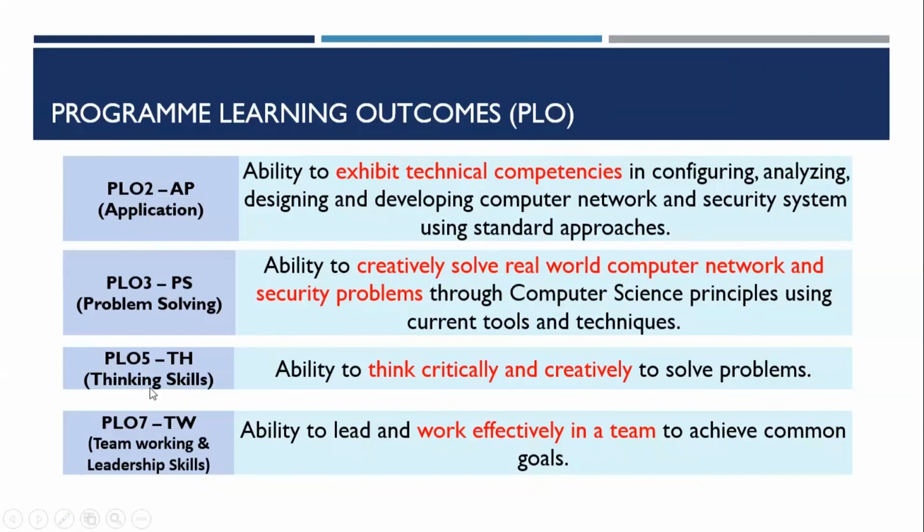TH is thinking skills, so the students should be able to think critically and creatively to solve problems. TW is teamworking and leadership, where the students should show that they can lead and work effectively in a team. These come very importantly in your project. A lot of students become free riders or sleeping partners in the group.